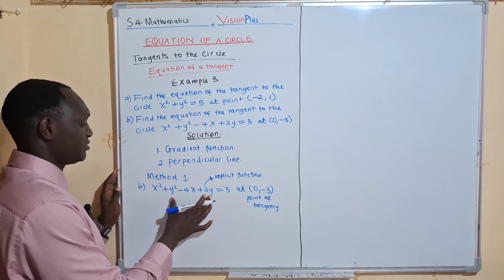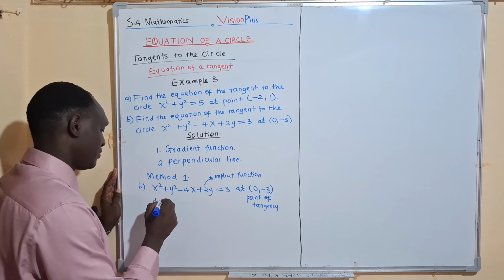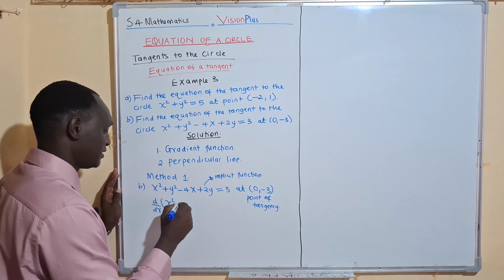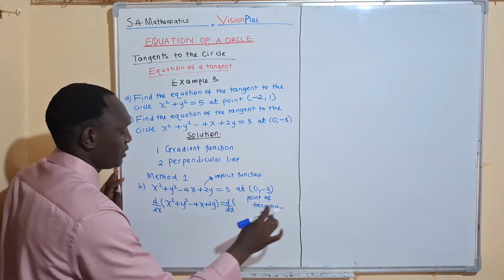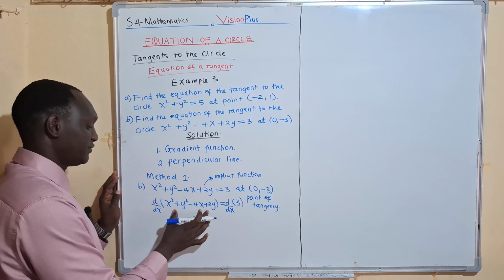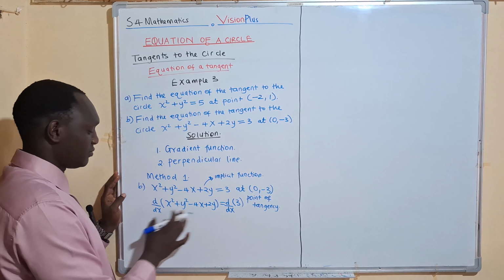So I'm going to say d/dx of the function on the left hand side, x squared plus y squared minus 4x plus 2y, equals d/dx of the function on the right hand side, which is 3. So we are going to differentiate this with respect to x.